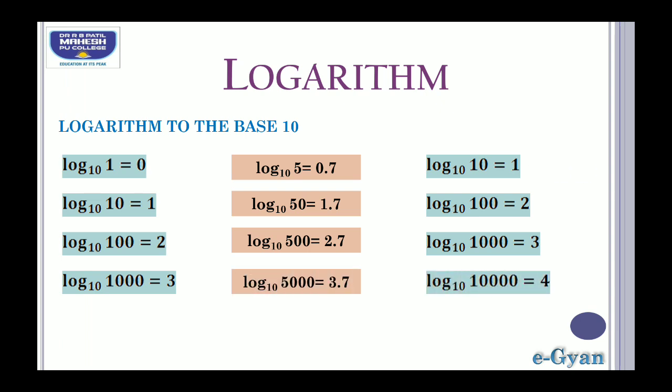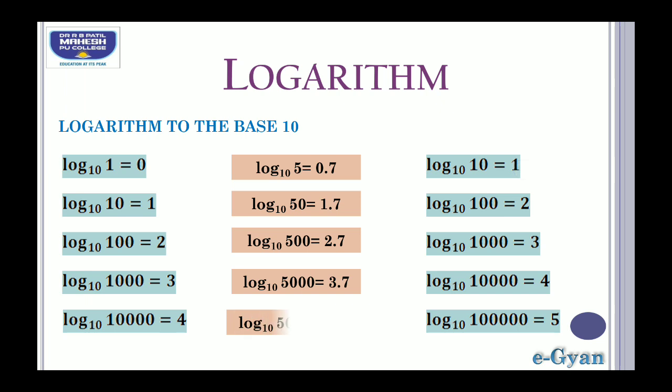Log of 5000 to the base 10 is equal to 3.7. Log of 10,000 to the base 10 is equal to 4. Log of 1 lakh to the base 10 is equal to 5. So therefore, log of 50,000 to the base 10 is equal to 4.5. So this is how the logarithm to the base 10 is found for any number.